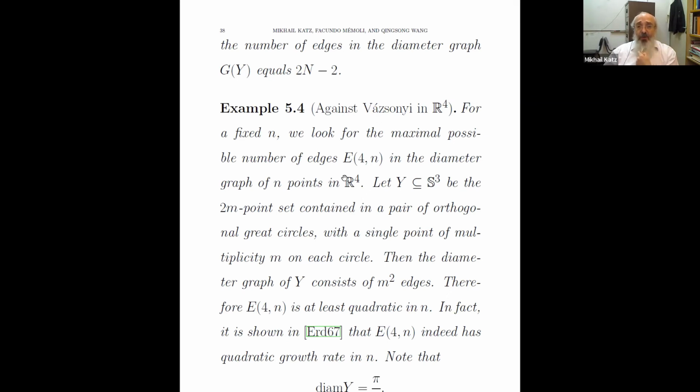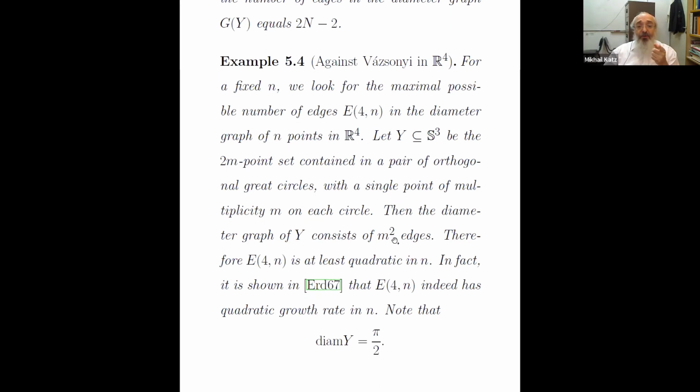Now, what goes against Vázsonyi in dimension 4 is that there's a cute counterexample. If you look at a point with multiplicity n on one circle, and then in R4 you get another orthogonal circle with a point of multiplicity m on that, then you actually get n squared edges in the diameter graph, which is very far from being linear. But that's because the diameter is equal to pi over 2.